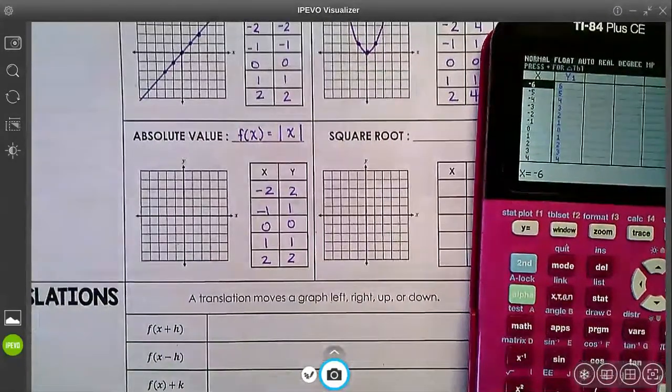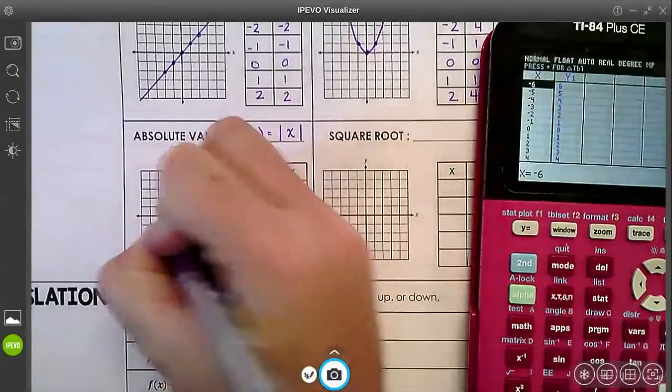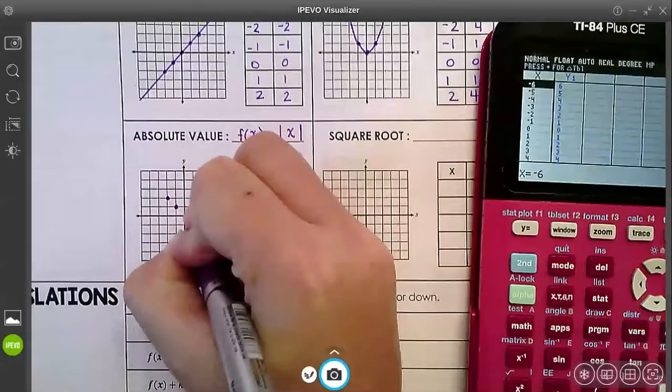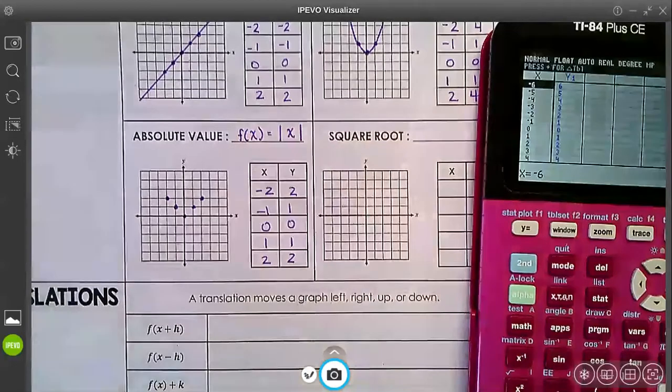So this one, when it's graphed, will make a V shape, a little bit different than quadratic.